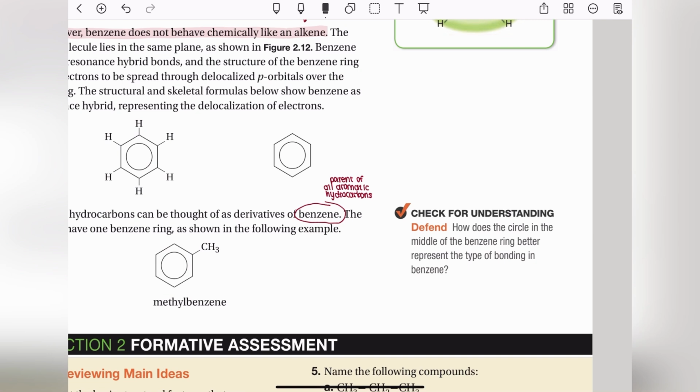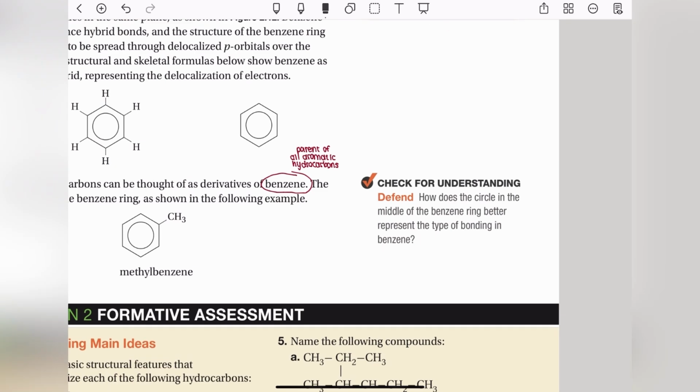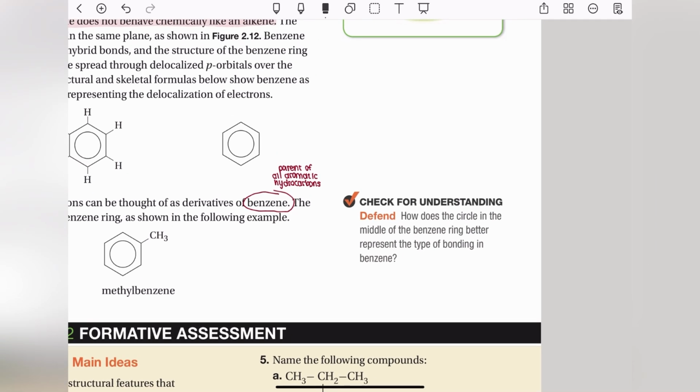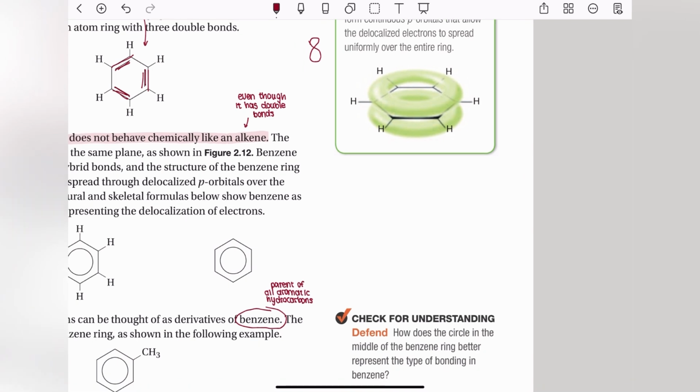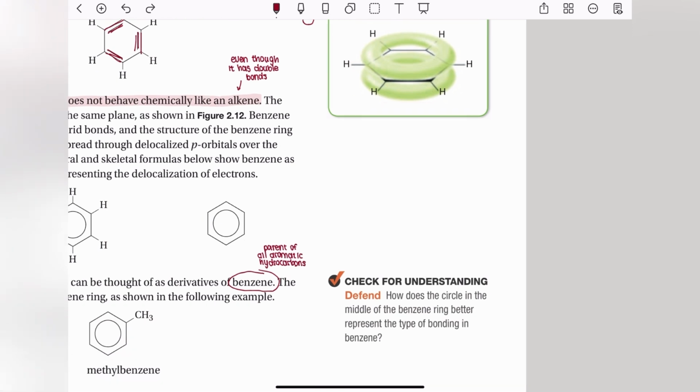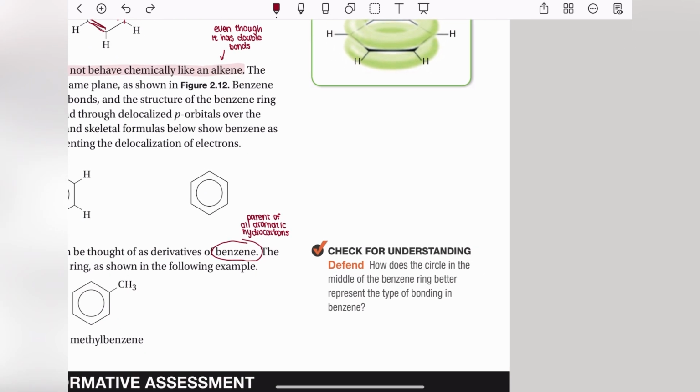So think about it, and then we'll go over the answer. This circle in the middle emphasizes the delocalization of electrons. So as I explained in the image above, the orbitals overlap and form a continuous cloud, a continuous orbital. And it's a defining feature of a benzene molecule.